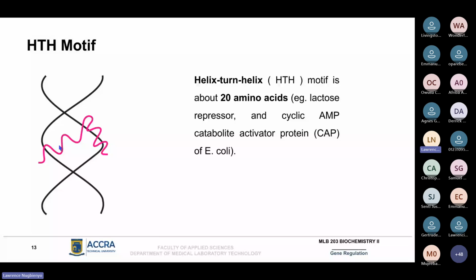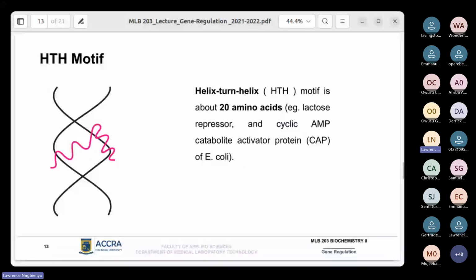This helix-turn-helix is called so because when you look at it closely, you realize there is a ribbon-like form of a portion of that protein. Then you see there is one loop, and right after the loop, there is another helix structure. That is why it's called a helix-turn-helix. There is a helix, then a turn, then another helix. That is why they are called as such.